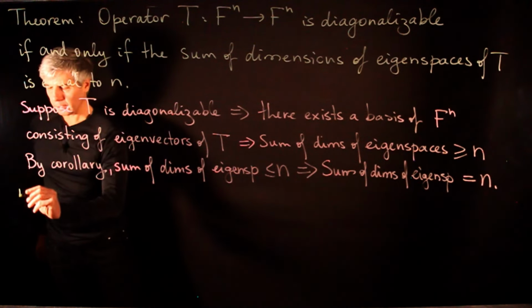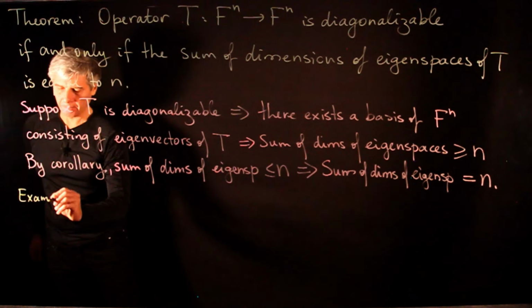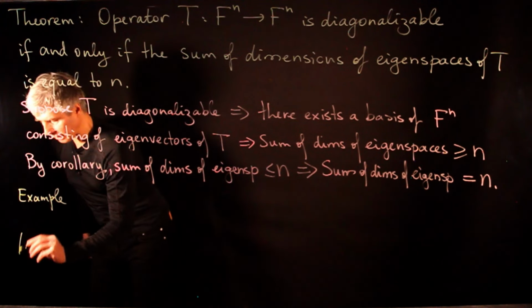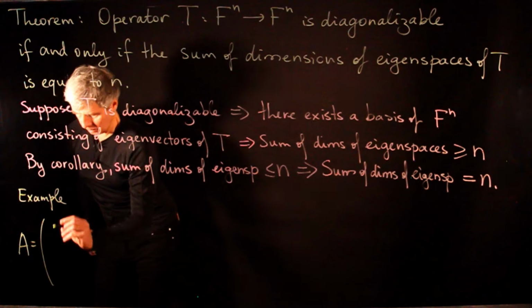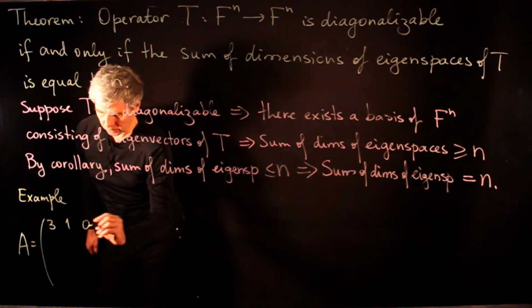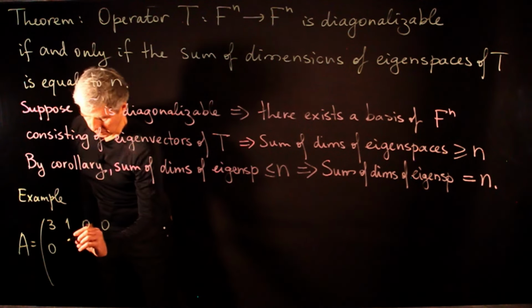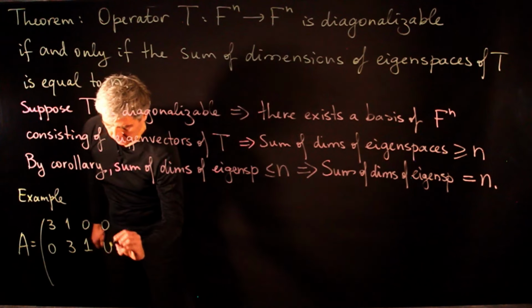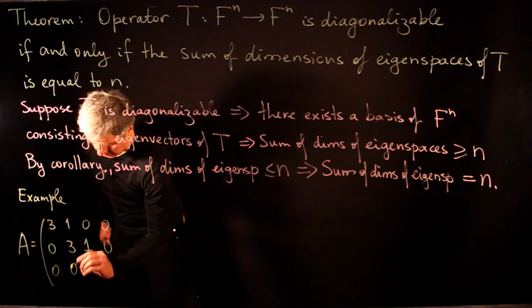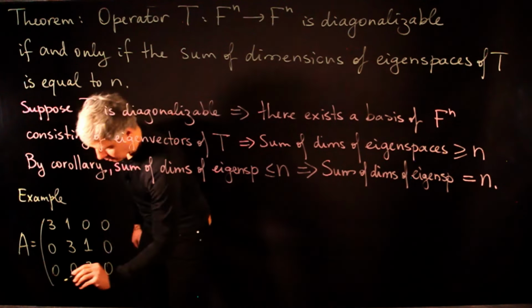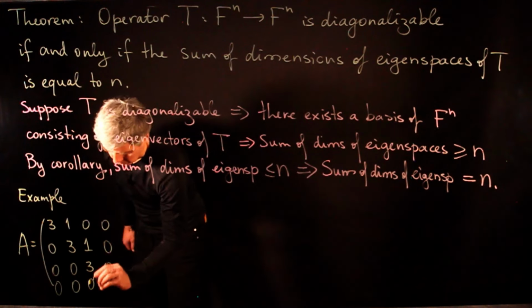Now let us look at the following example. Suppose we have the following matrix A: 3, 1, 0, 0, 0, 3, 1, 0, 0, 0, 3, 0, 0, 0, 0, 4.